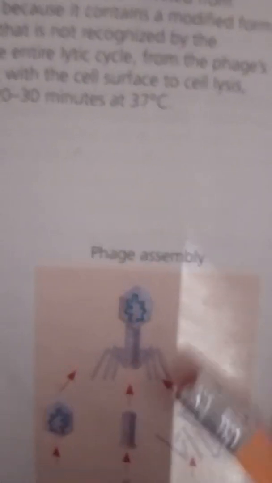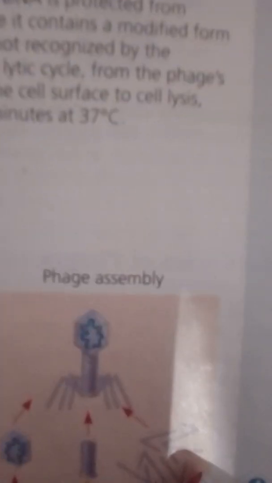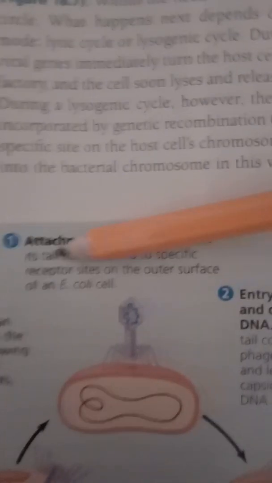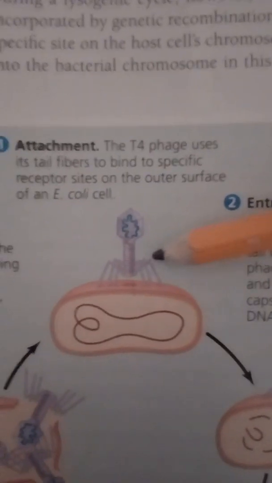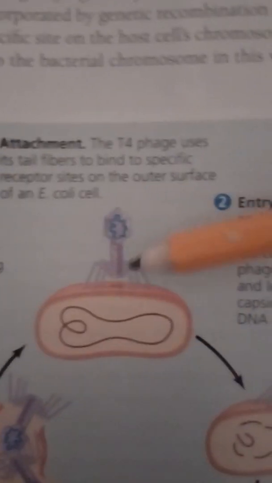Notice here the phage assembly. This one represents the head, in the middle these are the tails, and these lines are the tail fibers. Okay, let's begin with the steps. First step is attachment.